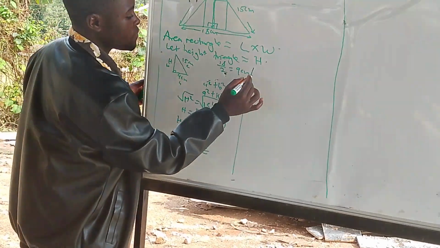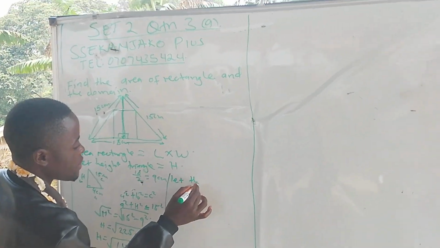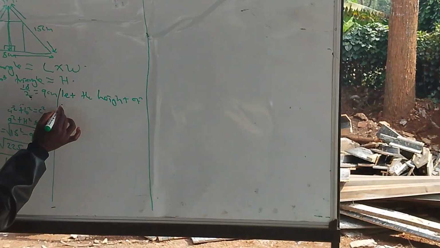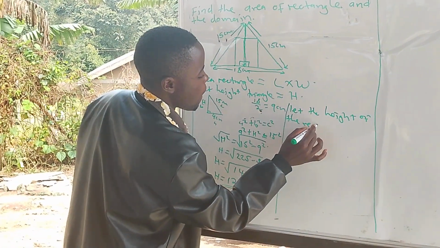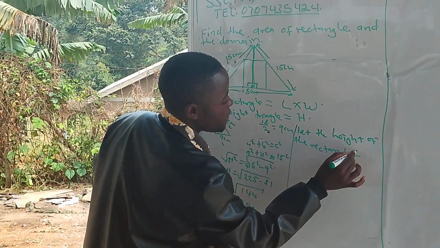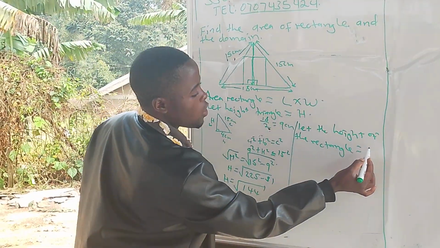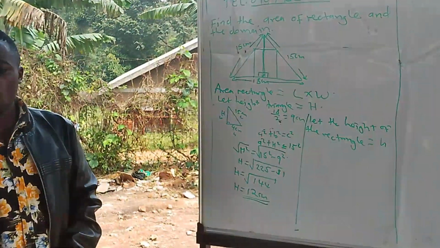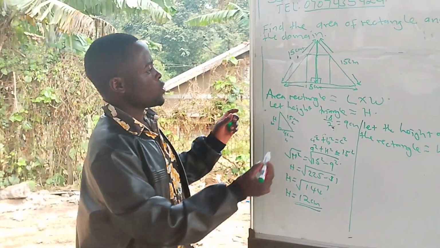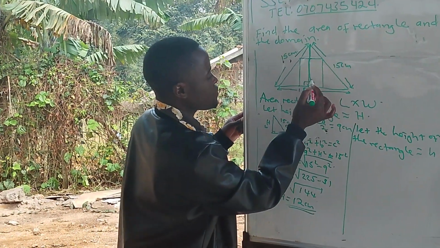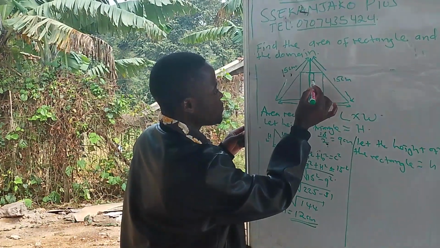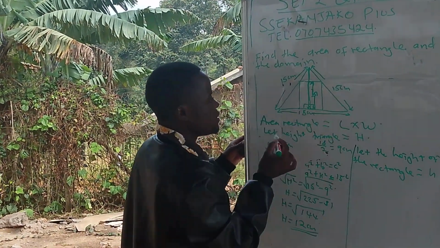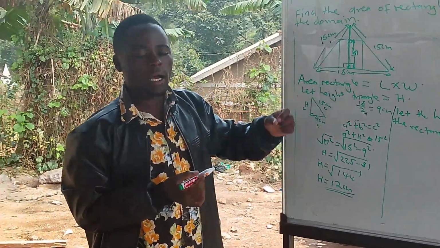So let the height of the rectangle be small h. From here up to here is h.